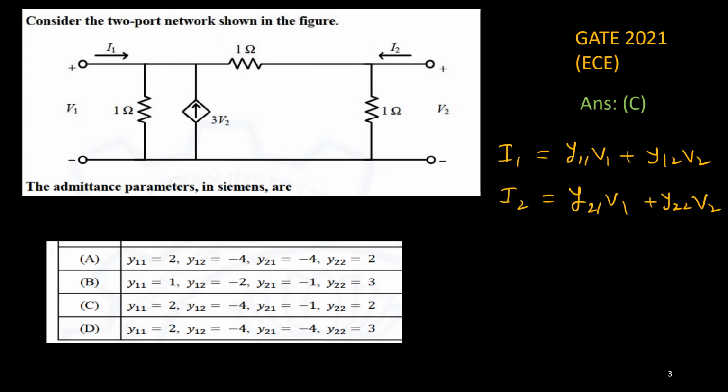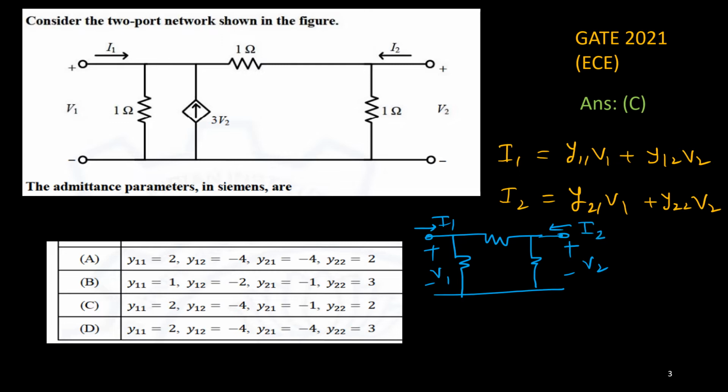So if this is your pi network, except that dependent source, if I don't consider the dependent source right now, this is your V1, this is I1, this is V2, and this one is I2. Just think carefully about what I'm saying. So this is your 1 ohm, this is 1 ohm, and this is given 1 ohm.